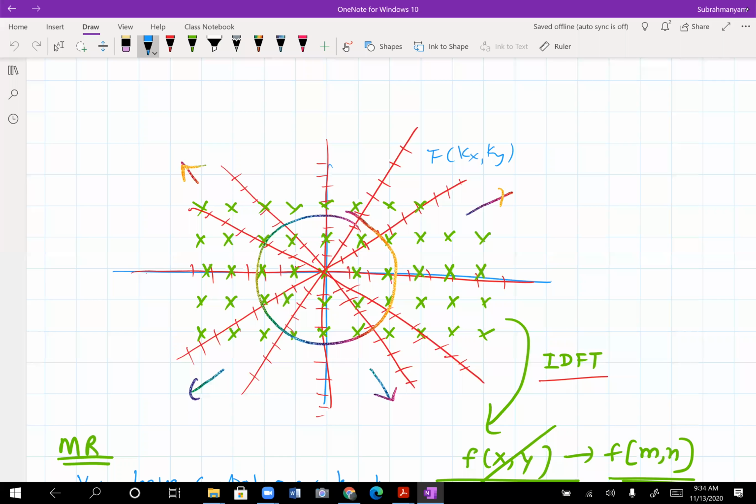If you want to interpolate a value close to the origin, within the circle that I have drawn, there are a lot of known values surrounding it. So interpolating it using cubic interpolation or a spline based implementation is up to you. You could do it more accurately, but as you go far away, the number of surrounding points is reducing.